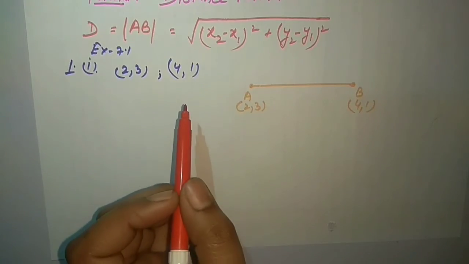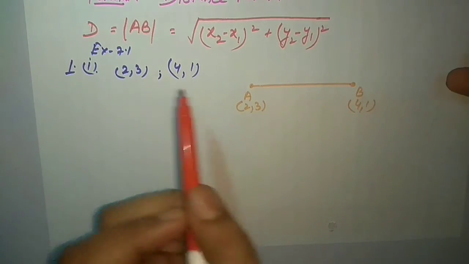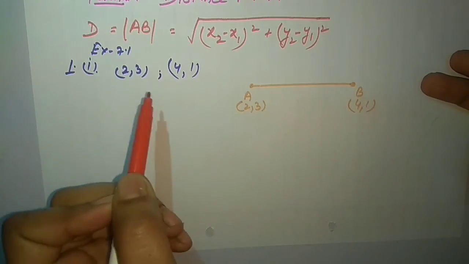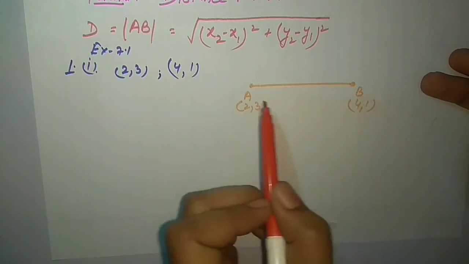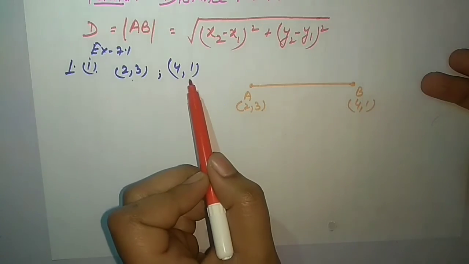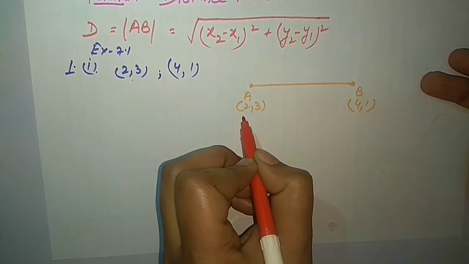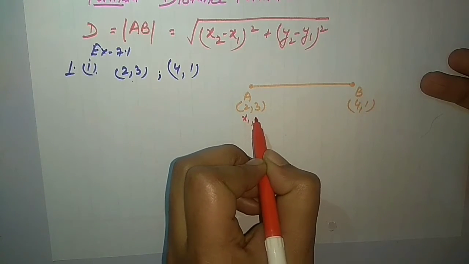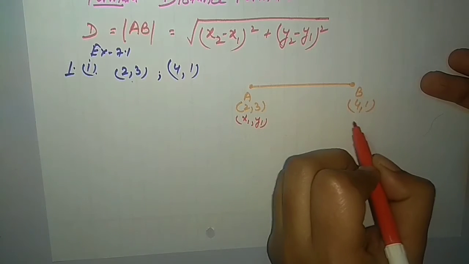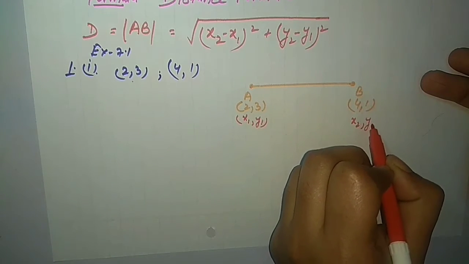Now here are the points. Firstly, draw or mark these points on a line. Let this be point A and this be point B. Now let this be x1, y1 and this be x2, y2.